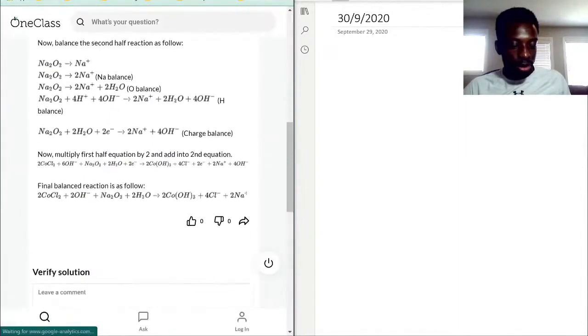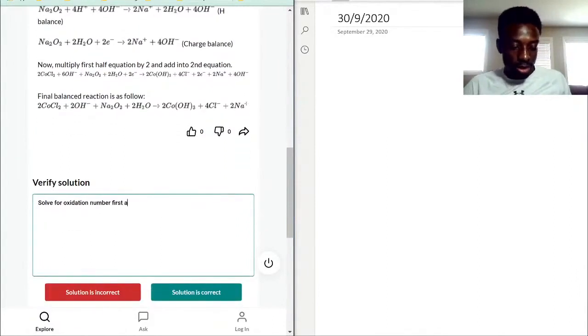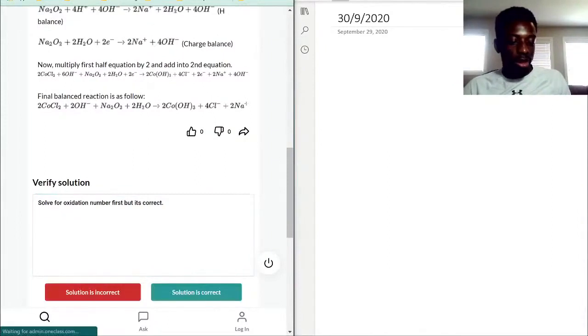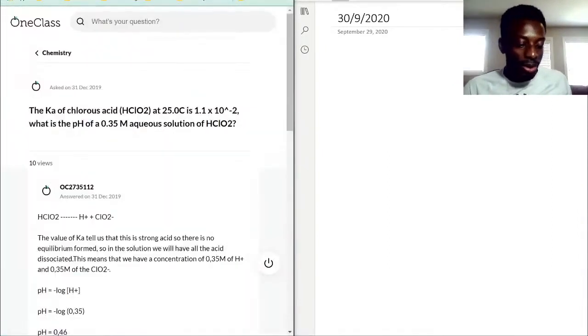Okay, this is correct, as we discussed. We want to make sure that we solved for the oxidation number first. Correct. Okay, and then this is just a free review as we're going through.